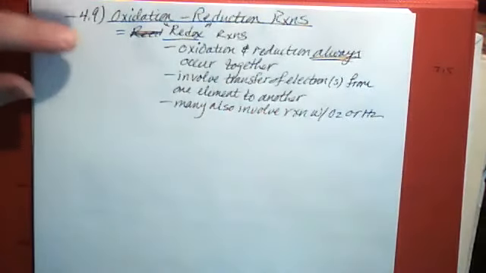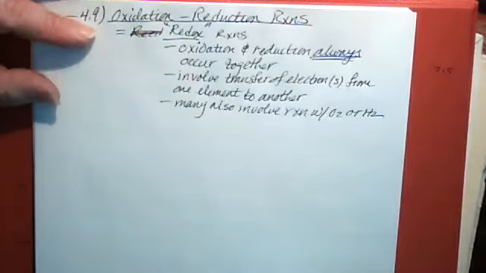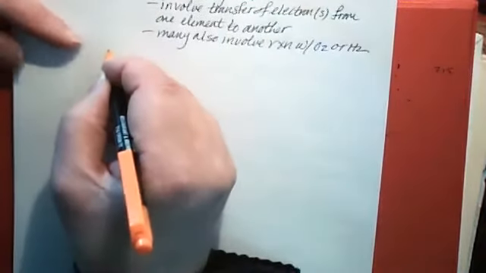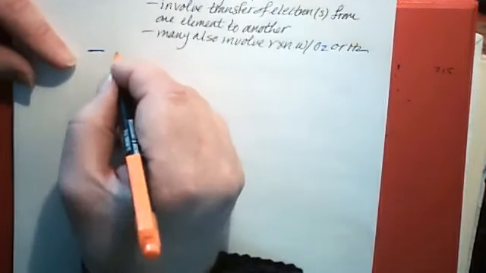And many oxidation or reduction reactions also involve a reaction with oxygen or hydrogen. Oxygen being where the word oxidation comes from, in fact. So there are actually three different ways to define oxidation and reduction.